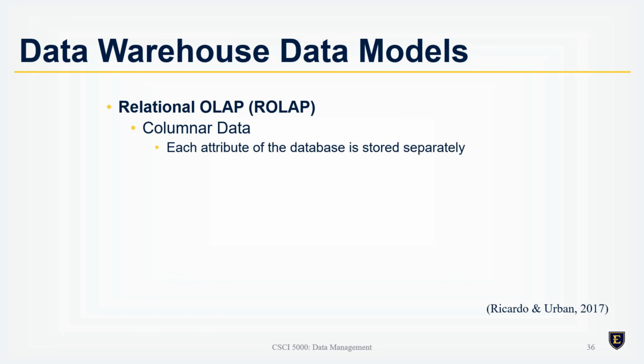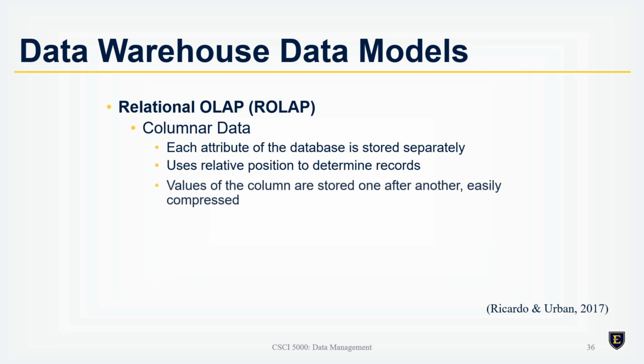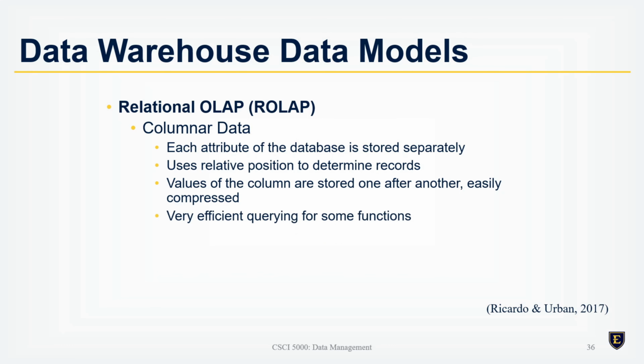Each attribute of the database is stored separately, but it's stored in such a way that it uses its relative position to determine what the records are. The values of the columns are then stored one after the other, and that allows us to easily compress and do very simple searching to find what we need. So it's very efficient for querying in some cases. In a lot of cases, if you organize the data correctly, it is very efficient.